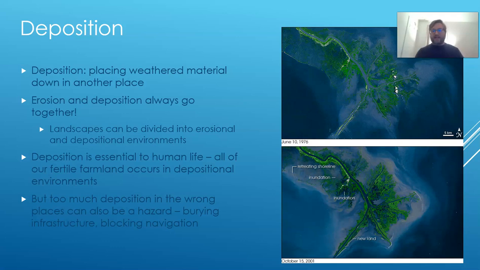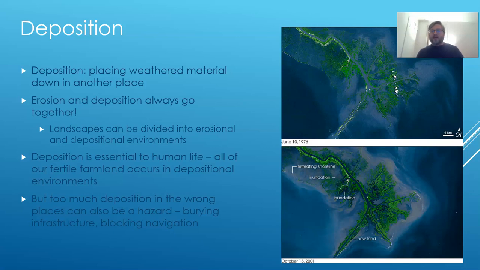If you've got a river or a channel that's important for shipping, and it becomes a more depositional environment than you expected, and it starts to fill up with sediment, then it might get too shallow. You can't drive your boats through there, and you might have to do something to fix that, like dredge out the riverbed to be able to actually go through. So deposition is essential, but too much deposition or deposition in the wrong place can be a problem for people as well.